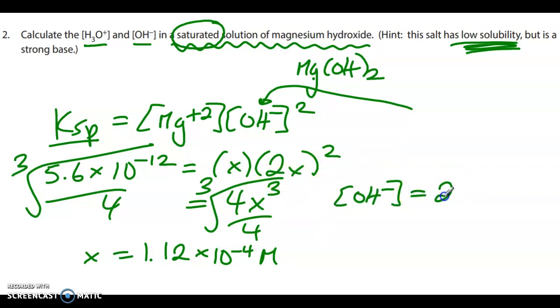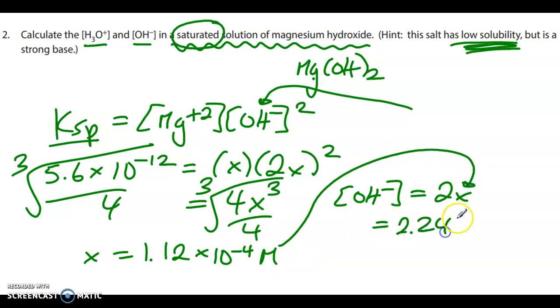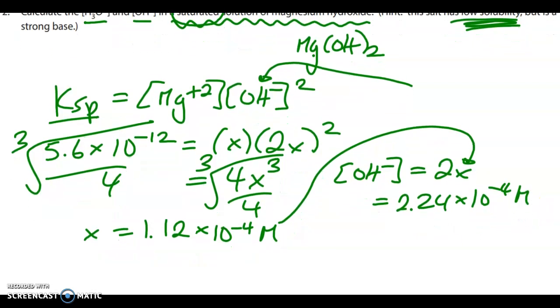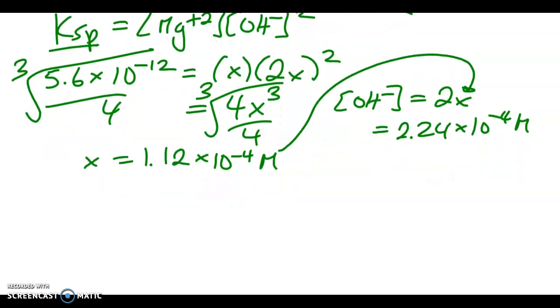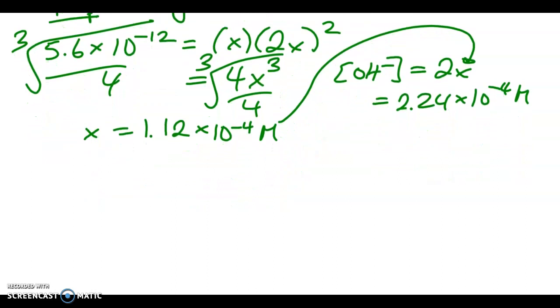So for hydroxide, it's going to be 2 times this value, which ends up being 2.24 times 10 to the negative 4. At any point, if you wanted to pause the video and give these a try and then see how you do on your own, that's not a problem. And of course, just continue watching if you feel like this is a good piece for you.